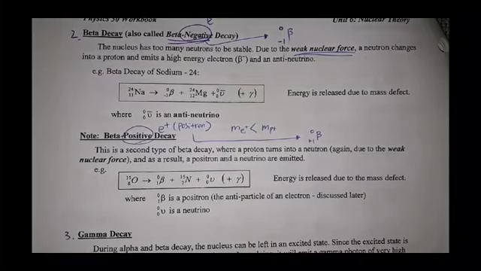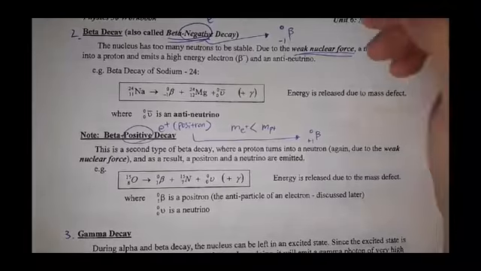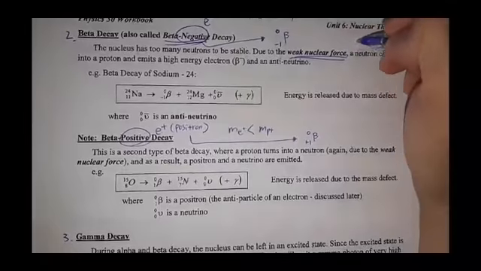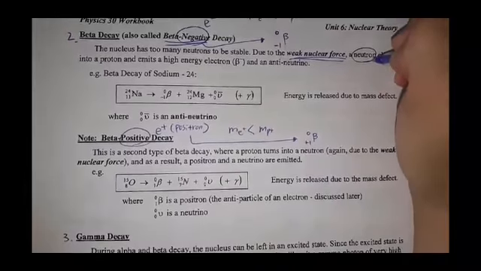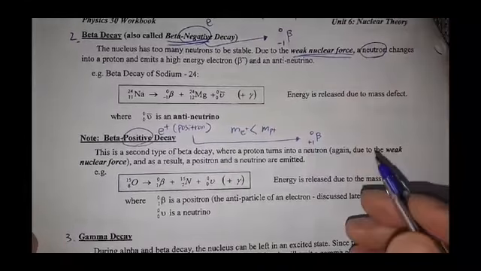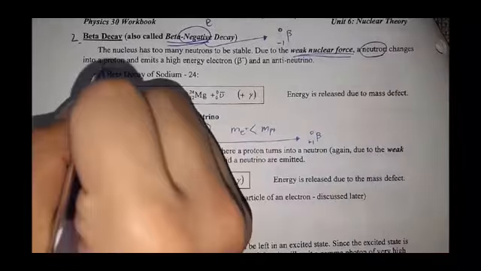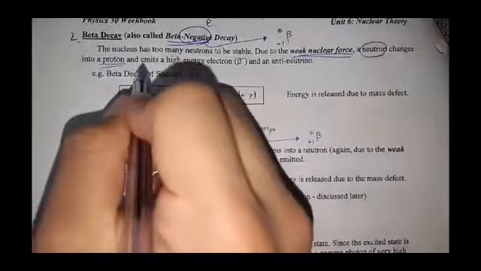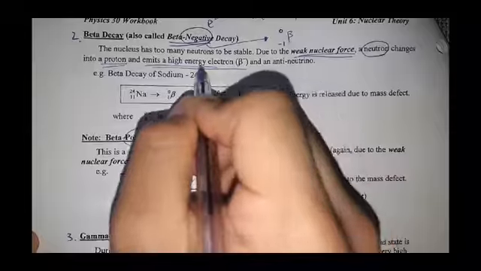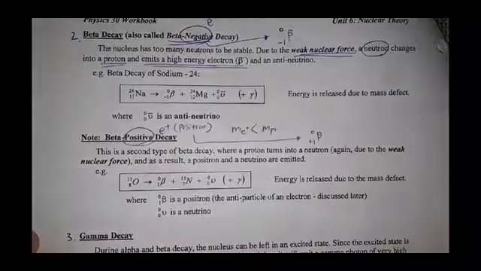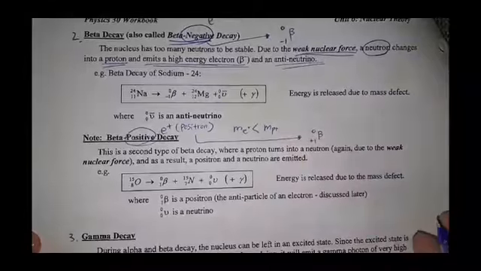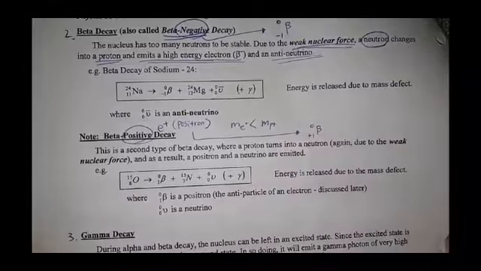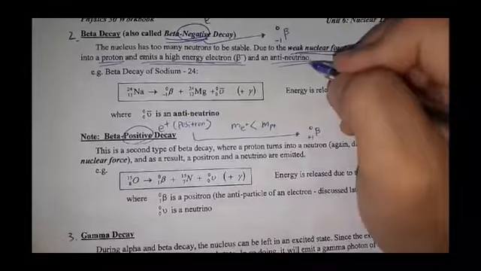So, first things first, due to weak nuclear force, a neutron is emitted. But when it's emitted, it changes form into a proton and emits a high energy electron, which is beta negative, and an antineutrino. This antineutrino is quite significant. It will be discussed later.